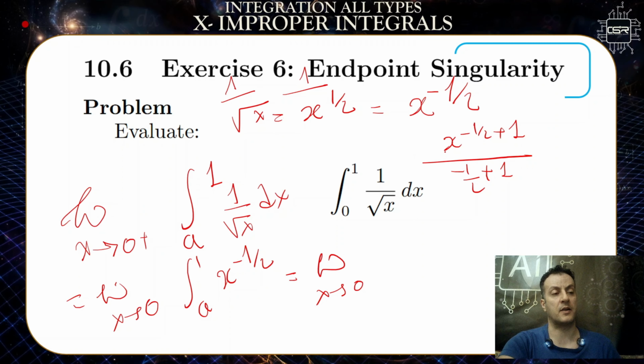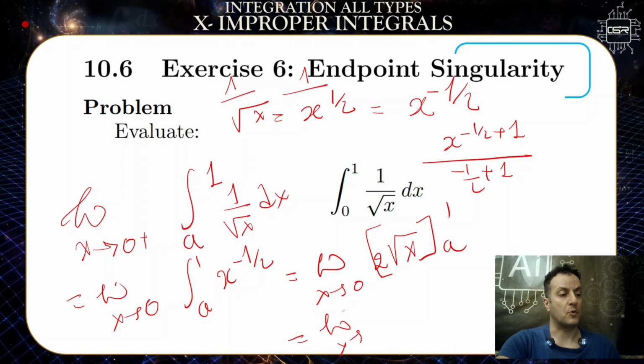So you multiply back in the numerator by 2, and this becomes the limit of 2 square root of x, because this is x to the power of 1/2, between 1 and a.